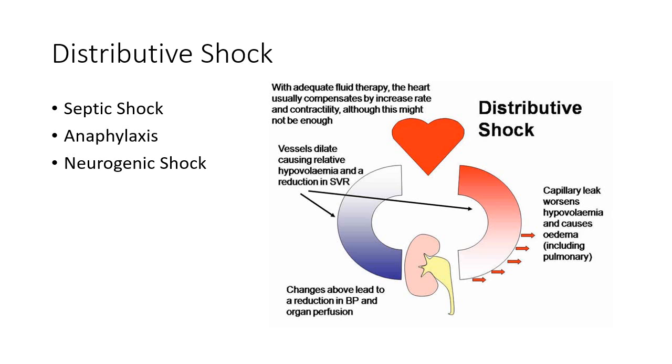It's not getting any warnings to send a message to the heart, hey, you need to pick up your heart rate. The other thing to keep in mind, and this is critical for you to know, is that pediatric patients can only increase their blood pressure by what? Heart rate. Good.